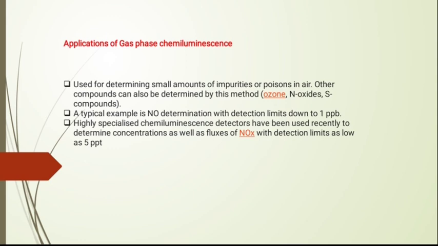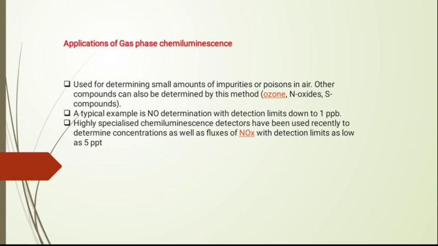Here are some applications of gas phase chemiluminescence. This technique is useful for the determination of small amounts of impurities or poisons in air. Other compounds can be determined by this method, like nitrogen oxide and sulfur compounds.